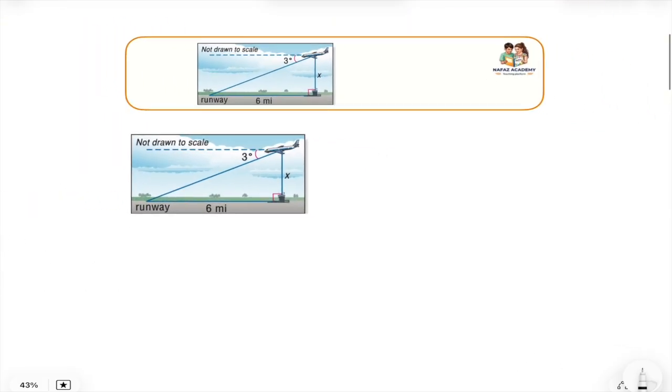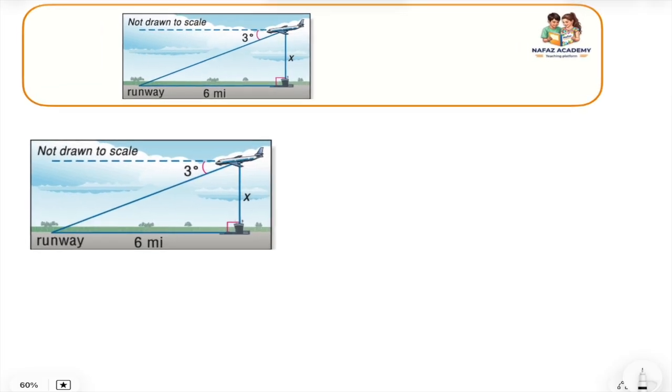Here is a problem. A figure. Here is a passenger plane, maybe prepared for landing, and this horizontal line is parallel to the runway horizontal line, right? This is the runway horizontal line.